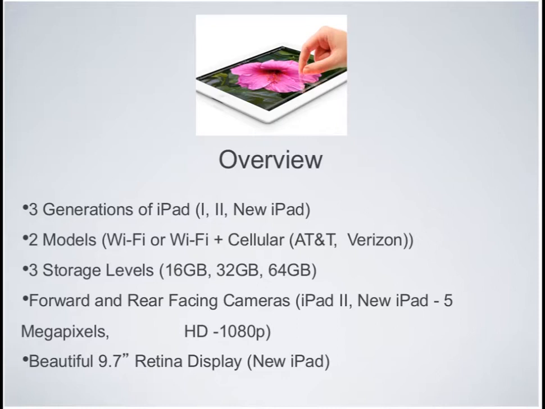Within the iPad models, there are 2 different types. There's what's called a Wi-Fi only, which means you need to be connected to a wireless internet or network service in order to get to the internet to access many of the features of the device. The other model is called the Wi-Fi plus cellular. In previous versions, it was called Wi-Fi plus 3G.